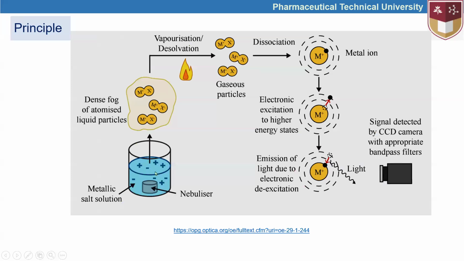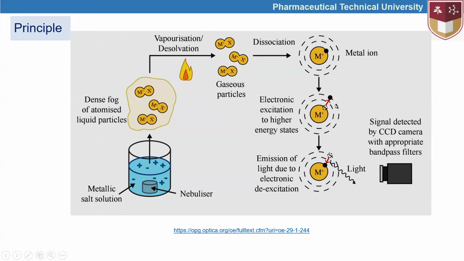They are nebulized, vaporized, and desolvated. By desolvating, we can obtain these molecules in a gaseous state. Those molecules in the gaseous plasma state can be separated from each other, so the metal ions can be obtained. So the metal ions are excited.